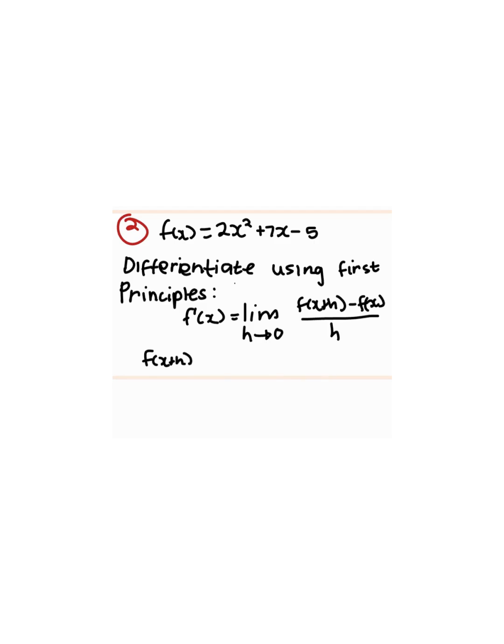Remember, f of x plus h means on your original equation, wherever you see x, you put x plus h. So we have 2, there's an x there, so we replace it with x plus h squared, plus 7, there's an x there, so that's going to be x plus h. Then we have a negative 5.